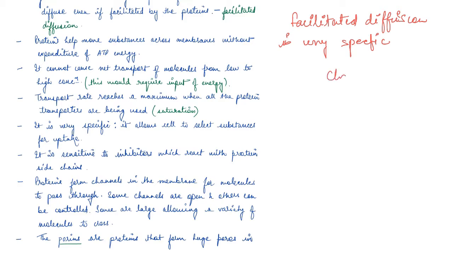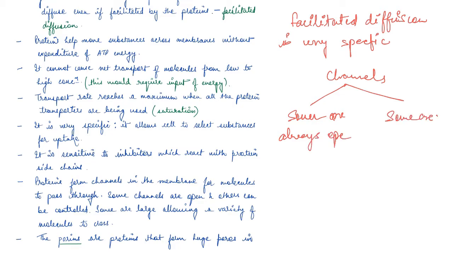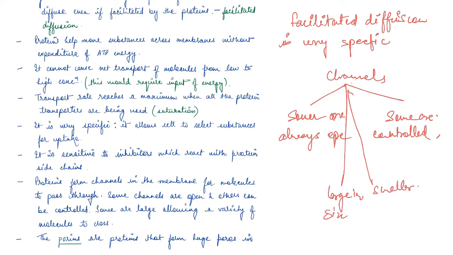So these channels, some are always open, some are controlled ones. In the same way, there are some channels which are large in size and some are smaller in size, right? Now, there are proteins which are known as porins.